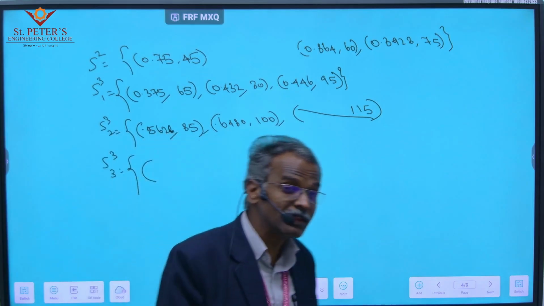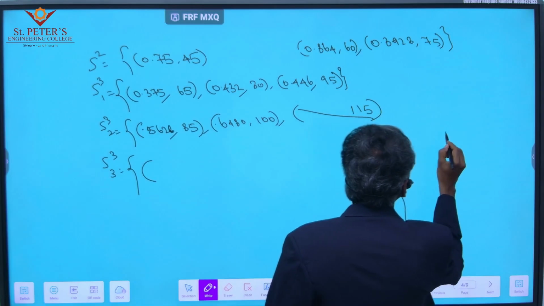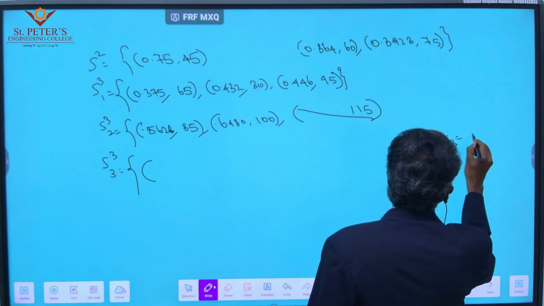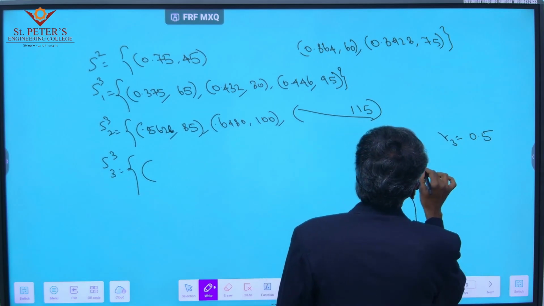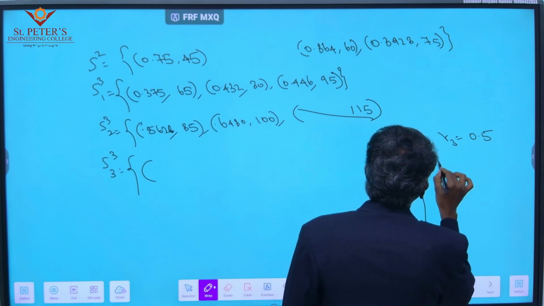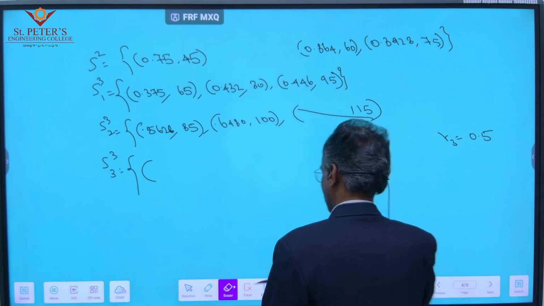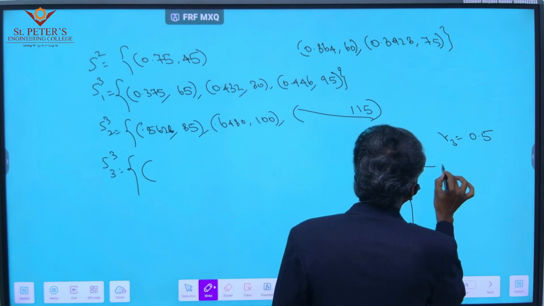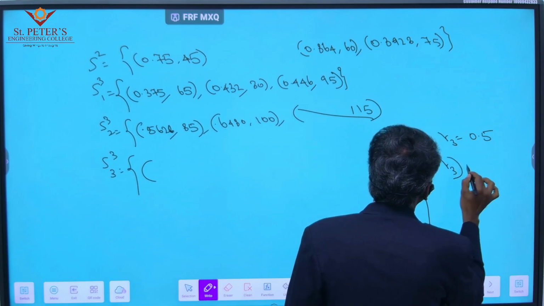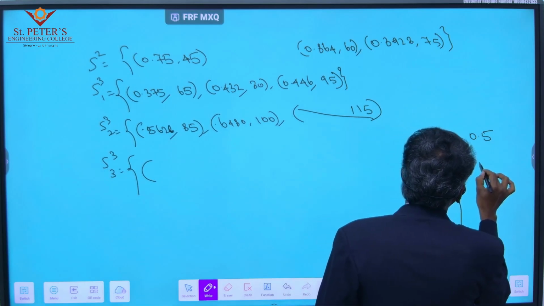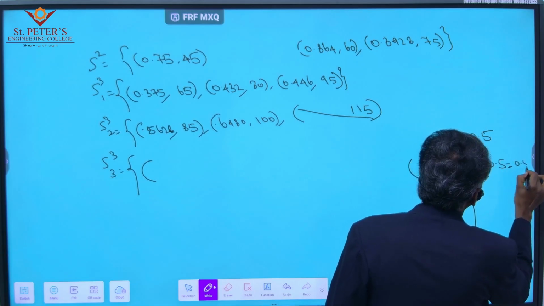Again we need to calculate the reliability ratio. You know very well that the reliability ratio of the third device is 0.5 for one copy. So 1 minus R3 is equal to 1 minus 0.5, which is 0.5.